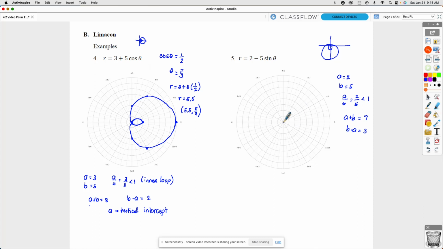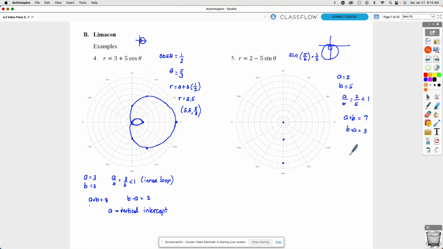So let's see, we start here, 7 units down. 3 units for the inner loop. And then, let's see, this is sine, so we'll use sine of pi over 6. Sine pi over 6 is equal to 1 half.